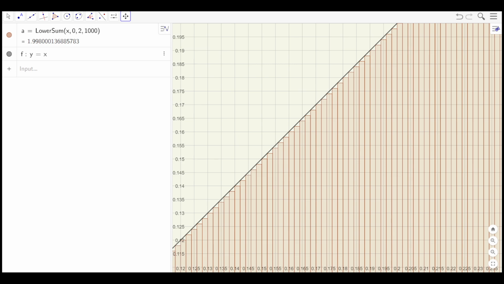So example, determine the following. We can also say compute, because the integral will be a number at the end.